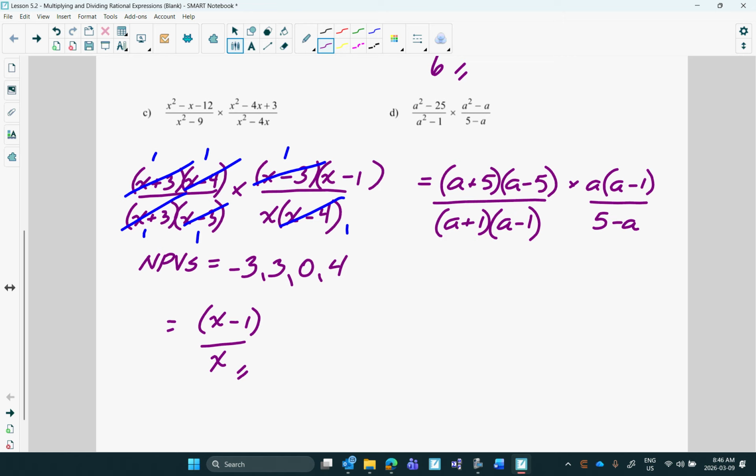So you can factor 3 of the numerators and denominators. Remember, don't cancel them. What are the NPVs?